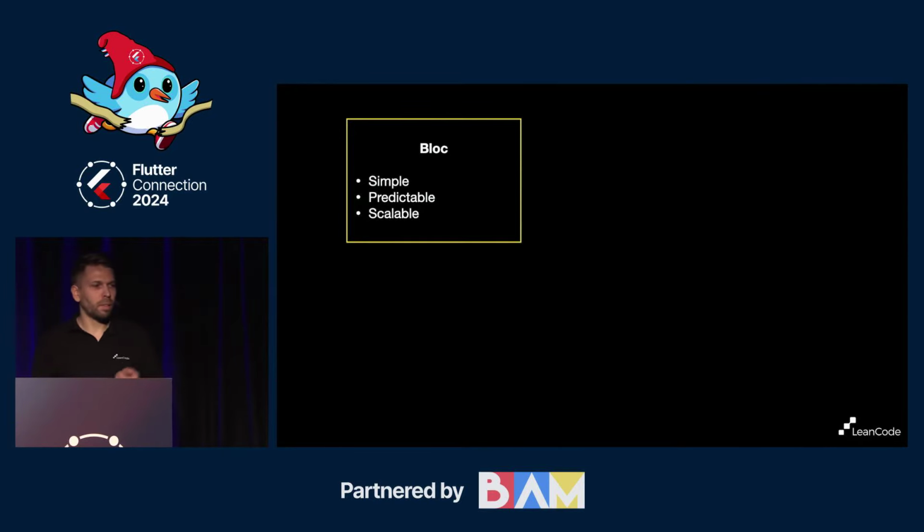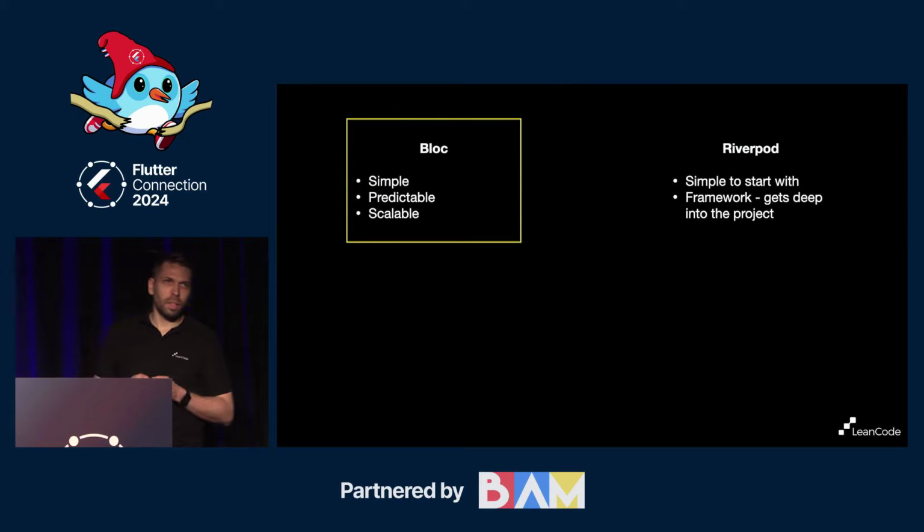When it comes to other solutions like Riverpod, we use Riverpod in some projects. The very nice thing about Riverpod is that it's simple to start with. It provides a lot of good examples. For example, it tells you how you can handle async stuff, things like infinite scrolling, something which BLoC doesn't have, so you have to write it on your own.